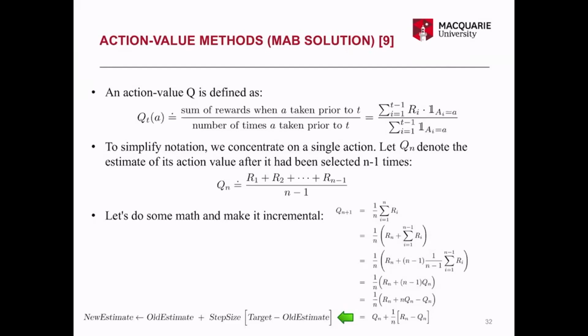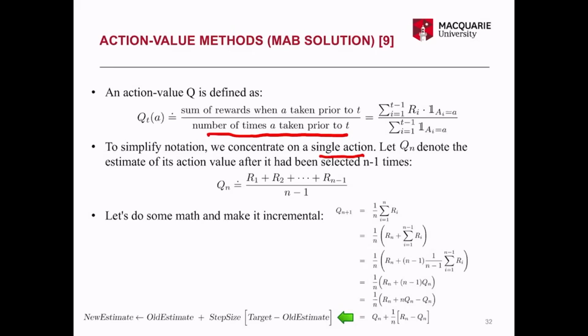You know that we define the action value Q as this. It's basically the sum of the rewards when we take action A prior to time T, divided by the number of times A has been taken prior to T. To simplify this notation, we concentrate on just one action, or one single lever, right?